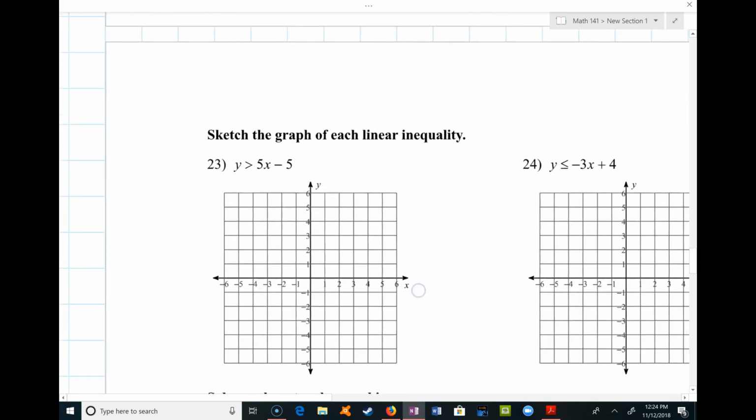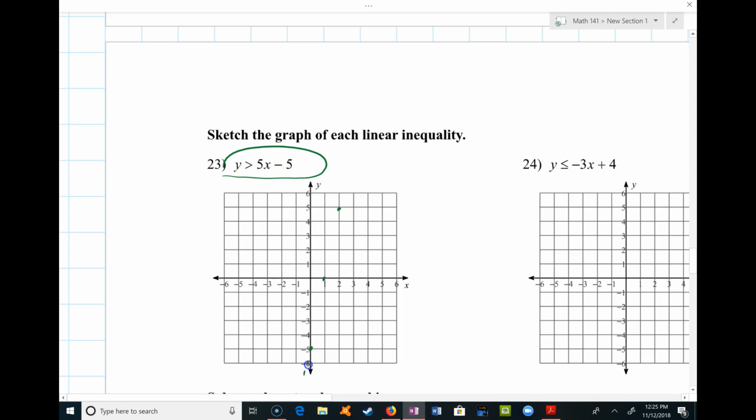Okay, so graphing inequalities are just like graphing linear equations. So like in this case, I'll treat it like y equals mx plus b. Go down to -5, put a dot, and the slope is over 1 up 5, over 1 up 5, over 1 up 1, 2, 3, 4, 5. But notice it says y is greater than 5x minus 5. So that means I'm looking for y values bigger than this line here.